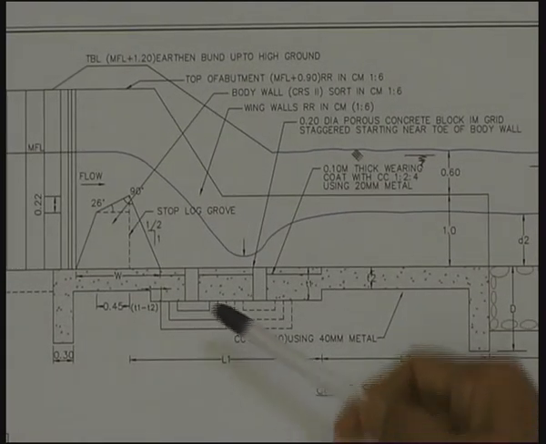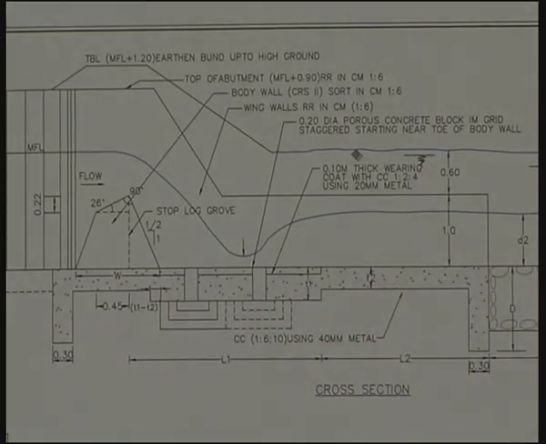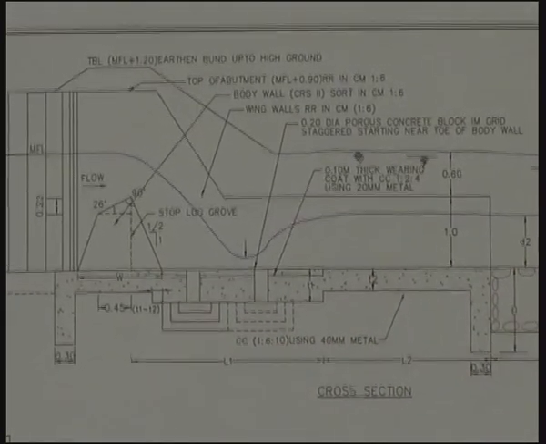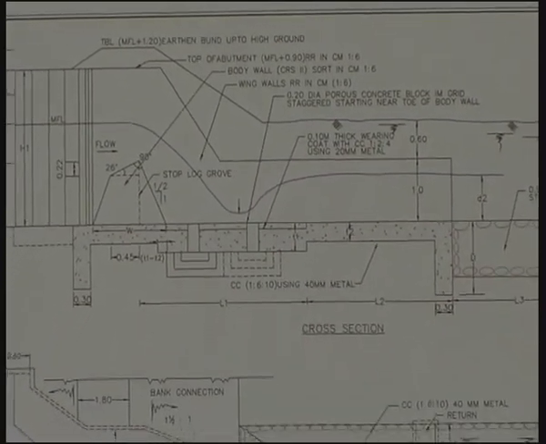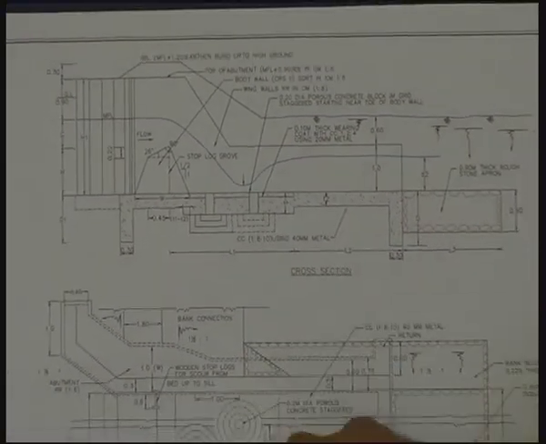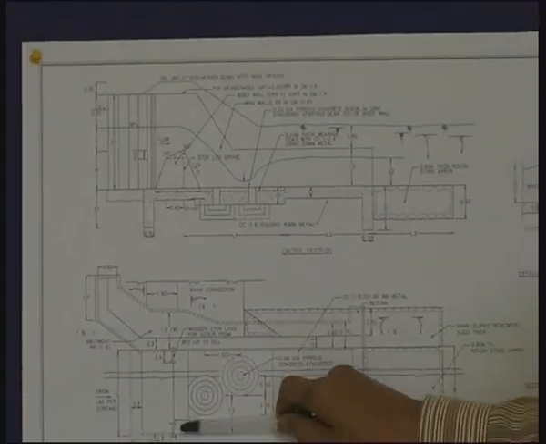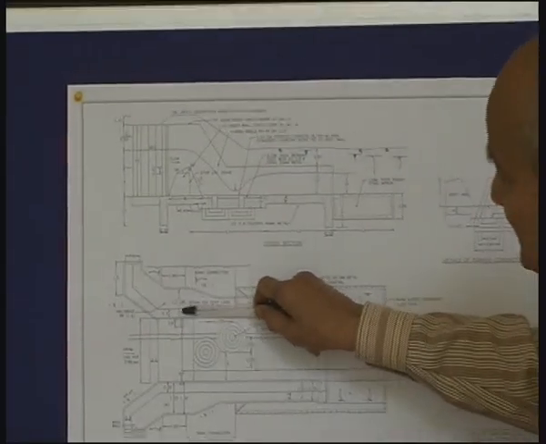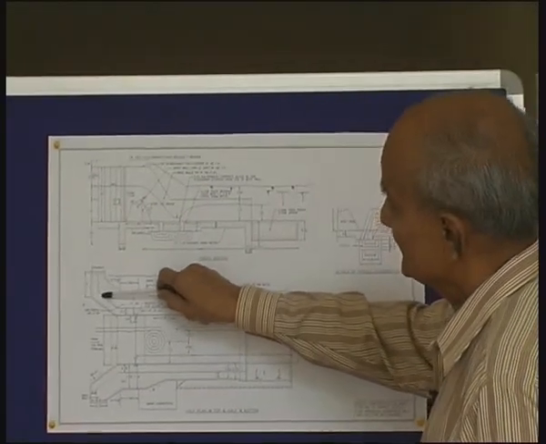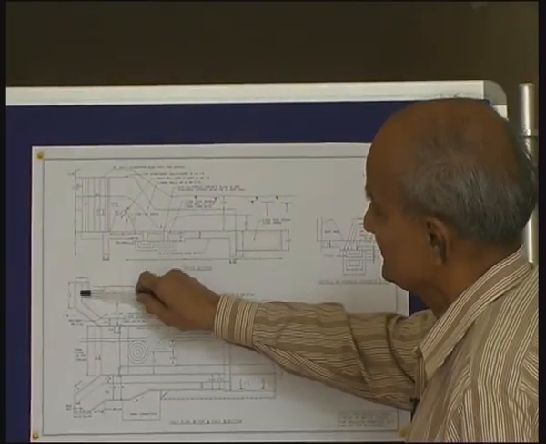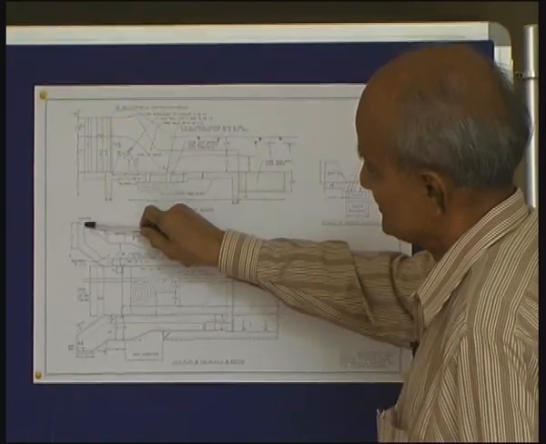And when we see this whole structure in the plan, it's clear. This is the body wall portion in the plan. The length depends upon the width of the stream, and it has got an abutment here, and it has got a wing and a return for suitable bank connections.